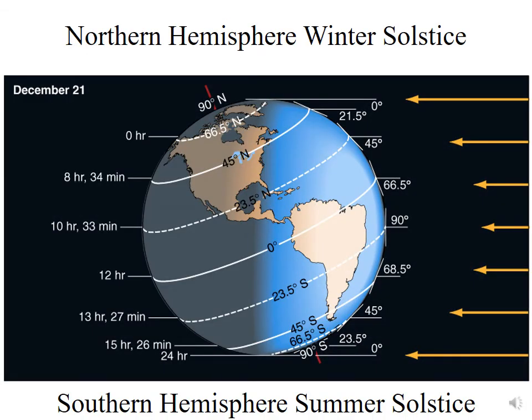And then when we get to the winter solstice for the northern hemisphere, everything above 66.5 degrees north is completely dark, and everything below 66.5 degrees south is in full illumination for the 24-hour period. The days in the northern hemisphere are shorter, and the days in the southern hemisphere are longer. So the seasons are essentially opposite. The northern hemisphere winter solstice is the southern hemisphere summer solstice.